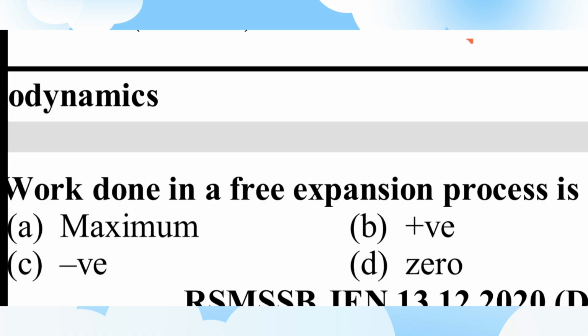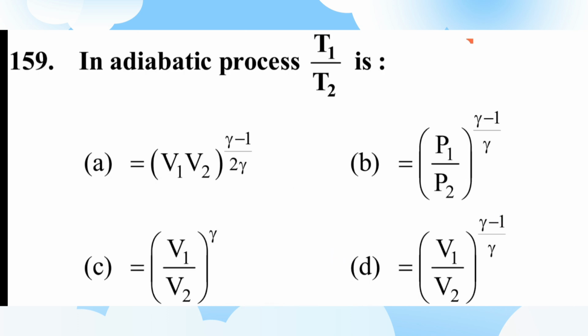Next question: work done in a free expansion process is A maximum, B positive, C negative, D 0. In adiabatic process T1 by T2 is equal to कौन सा होगा देखो, तो T1 जो T2 है वॉल्यूम के साथ इन्फिनिटी उल्टा रिलेशन में, और V2 by V1 गामा माइनस 1 और नहीं है, सो P1 by P2 गामा माइनस 1 by गामा is the answer.